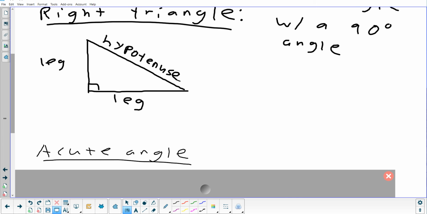All right, and these, I'll just mark them. Those two angles that I just checked off, those are both what we call acute angles. What makes an angle acute? Yep. Less than 90 degrees.